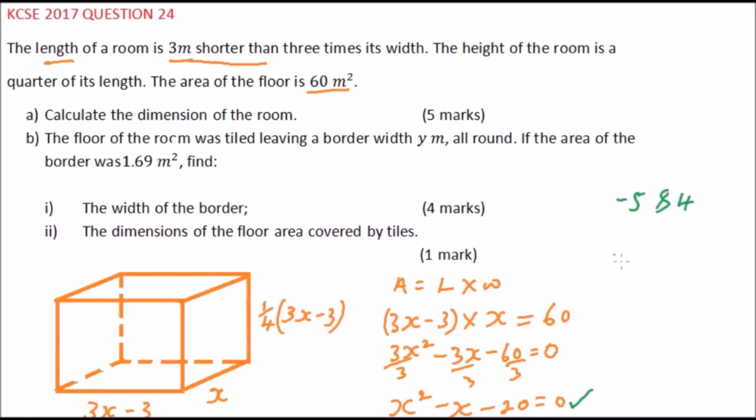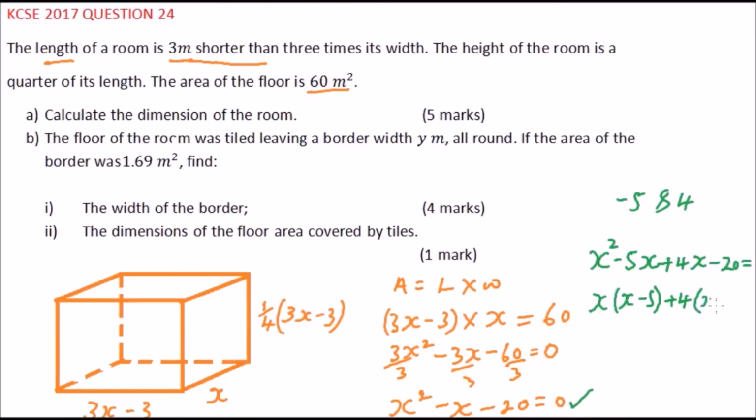So we rewrite our quadratic equation, x squared minus 5x plus 4x minus 20 is equals to 0. We factor out, we will get our x into bracket x minus 5. Here we factor out 4, we say plus 4.